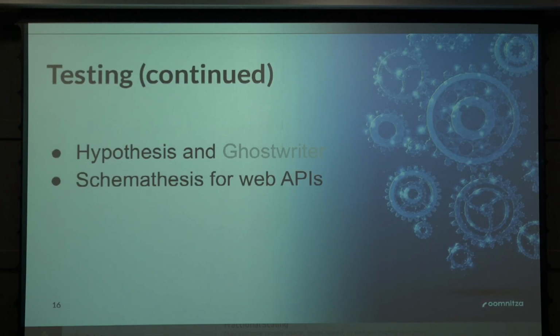Hypothesis is a property-based testing system, which means it generates a whole lot of example data, throws it at your code, and then you look if something breaks. And it does this in a very intelligent way.